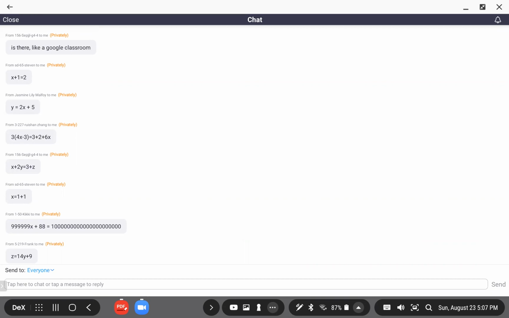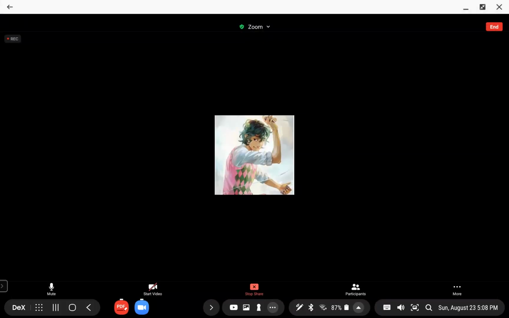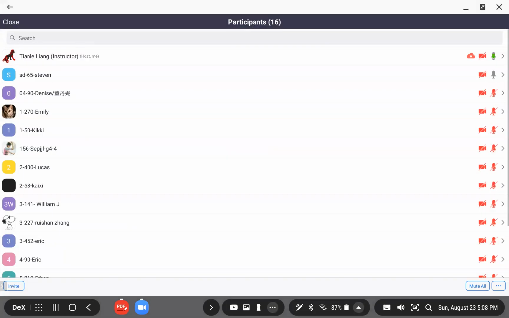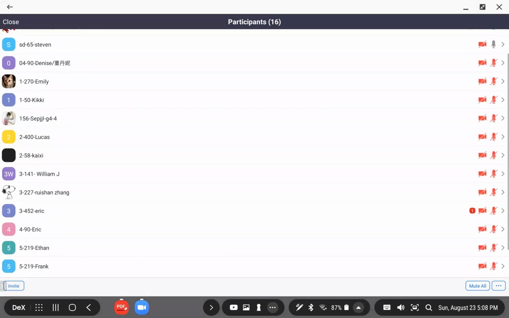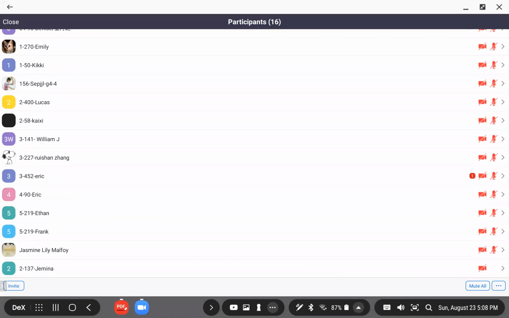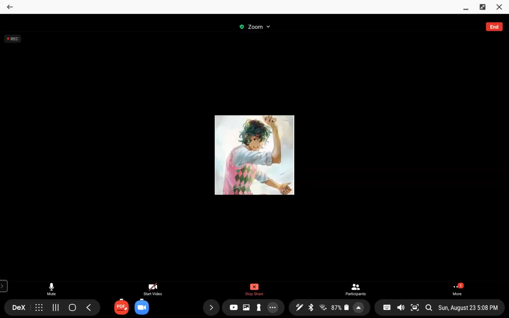And then Stephen also says x equals 1 plus 1. And then Kiki says 999,999x plus 88 equals some very big number that I'm not going to say. So there are a lot of examples as you guys have come up with. So those are very good examples. Okay, and there are like infinite possibilities.